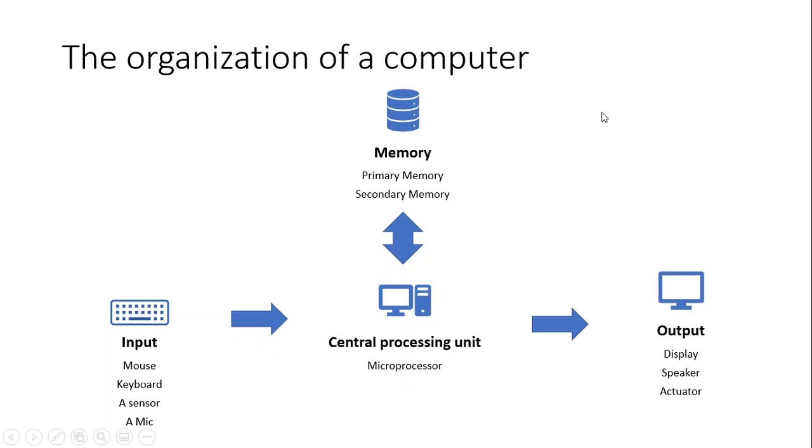So this is what your computer does. The computer takes in raw data and processes that raw data to give you information. Information is something that you are interested in.